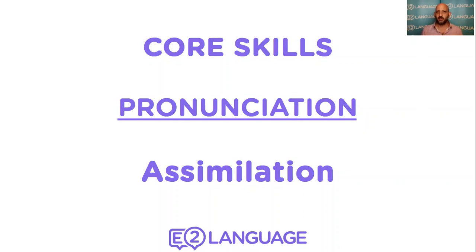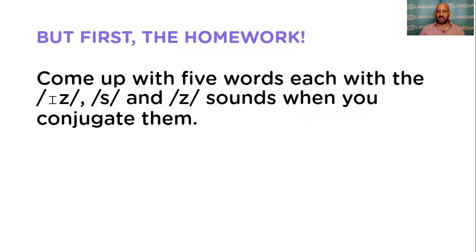So assimilation is the topic of the week, but first of all, let's talk about last week's homework. Now, you remember that last week we spoke about the iz, s, and z sound that comes at the end of words, and I asked you to come up with 5 words that you can conjugate and come up with those sounds at the end.